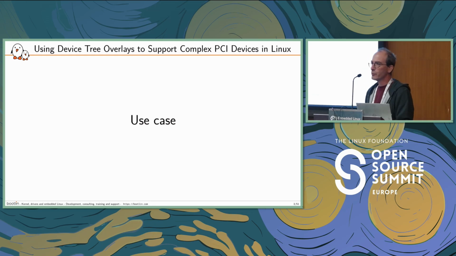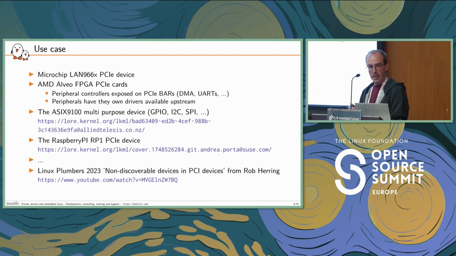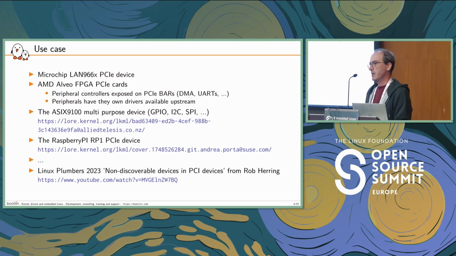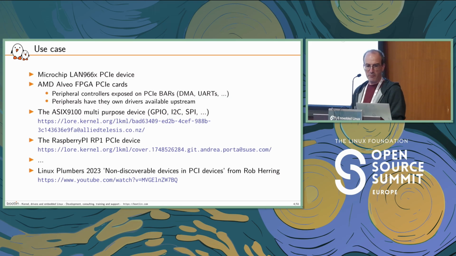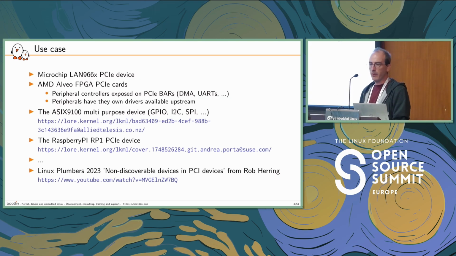So what is the use case handled by this feature? The LAN966 PCI device, we will give you some details in a few slides, but I know also about the FPGA from Alveo. This one exposes several controllers, DMA, UARTs on PCI BARs, and those controllers have drivers already available upstream and used on other devices.